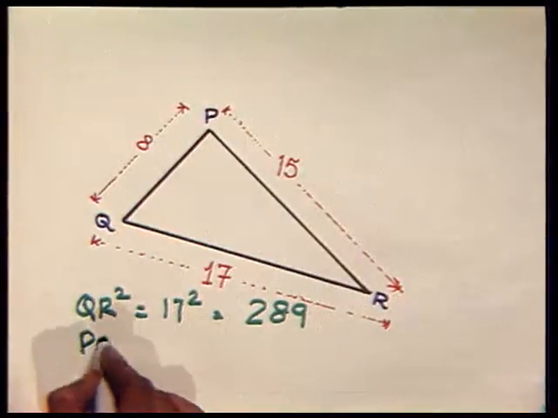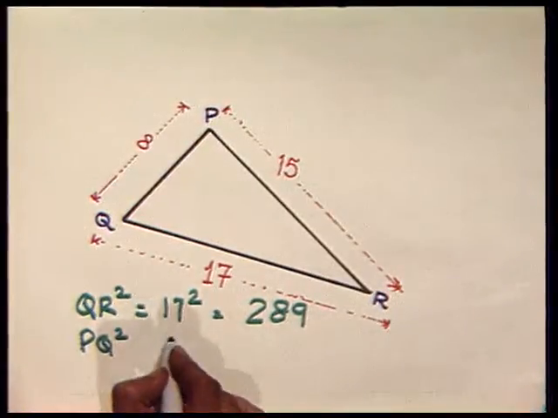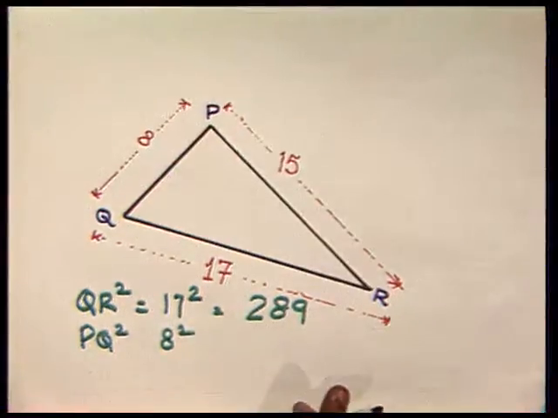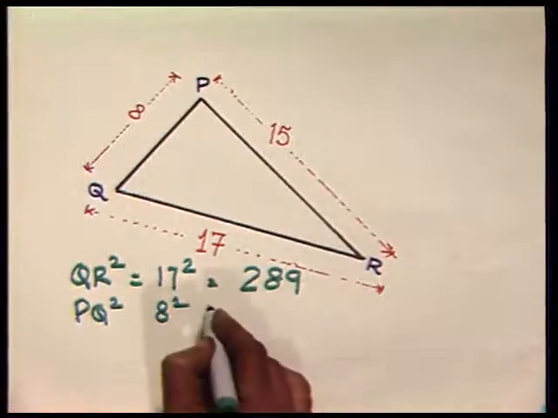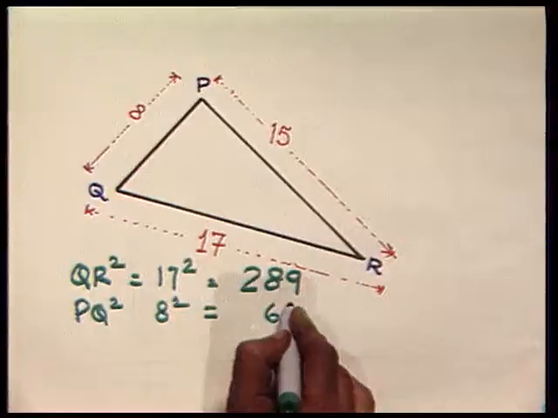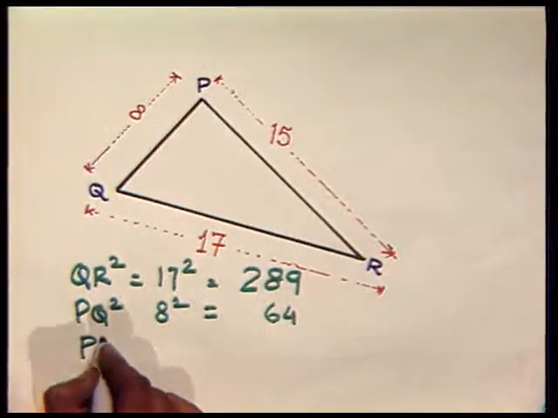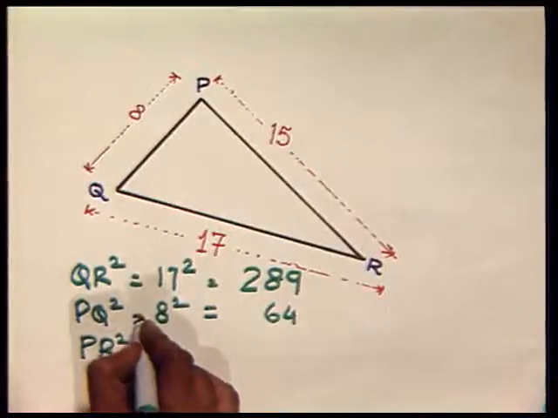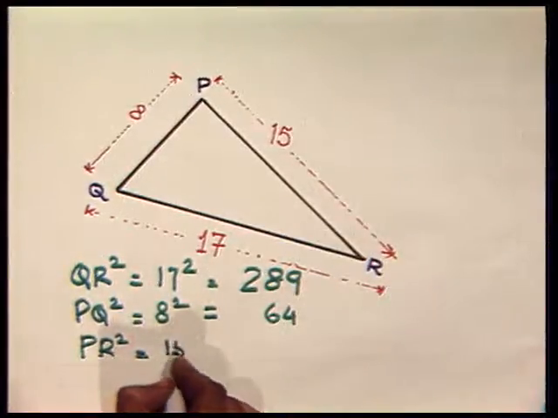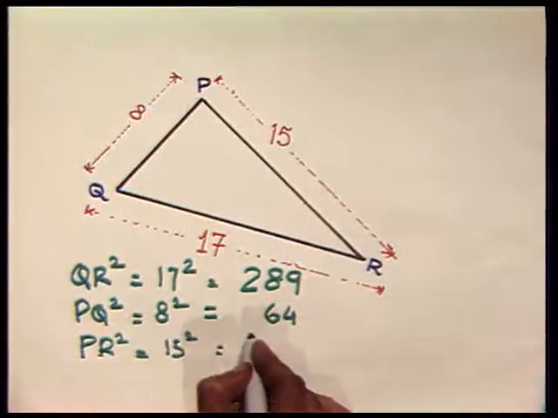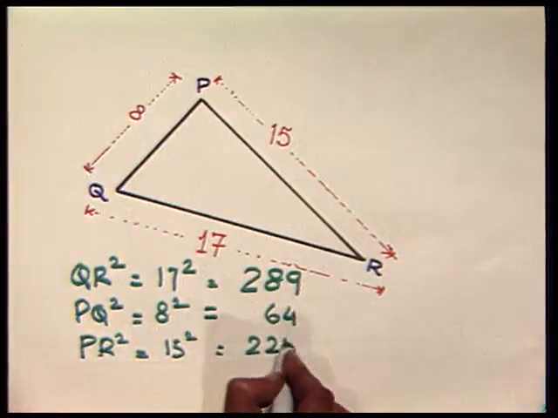PQ square is 8 square, which is equal to 64, then PR square is equal to 15 square, which is equal to 225.